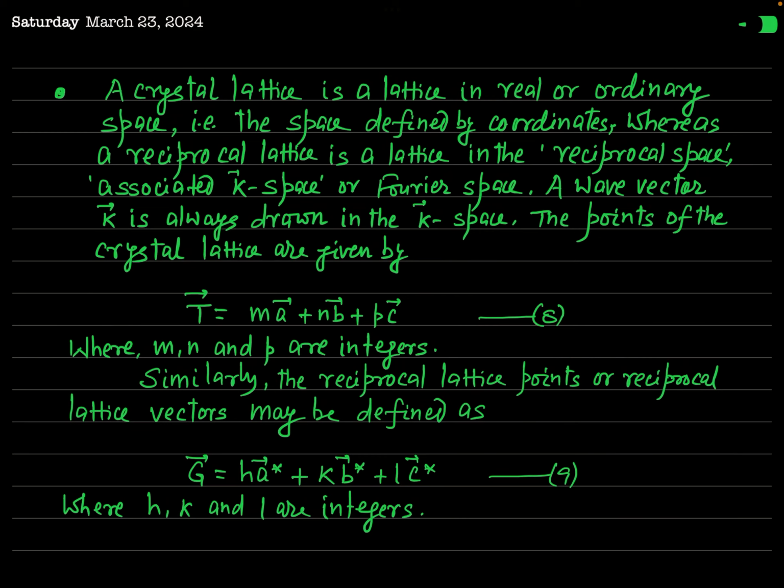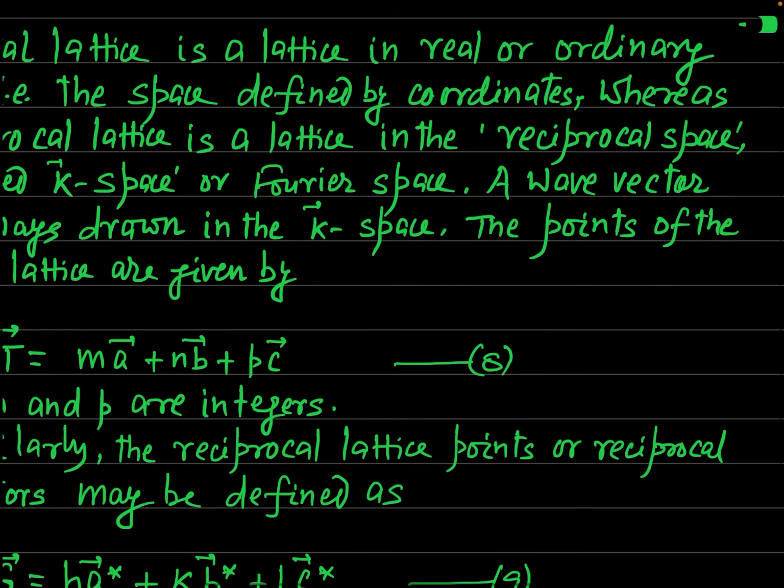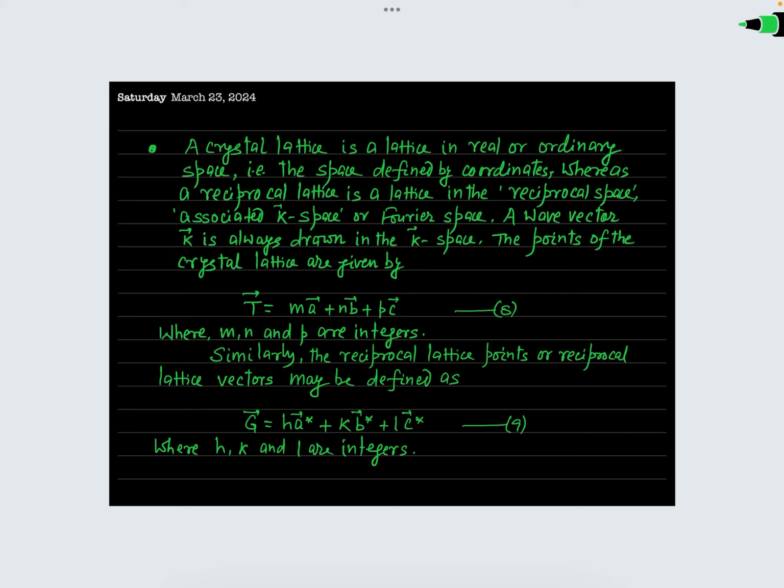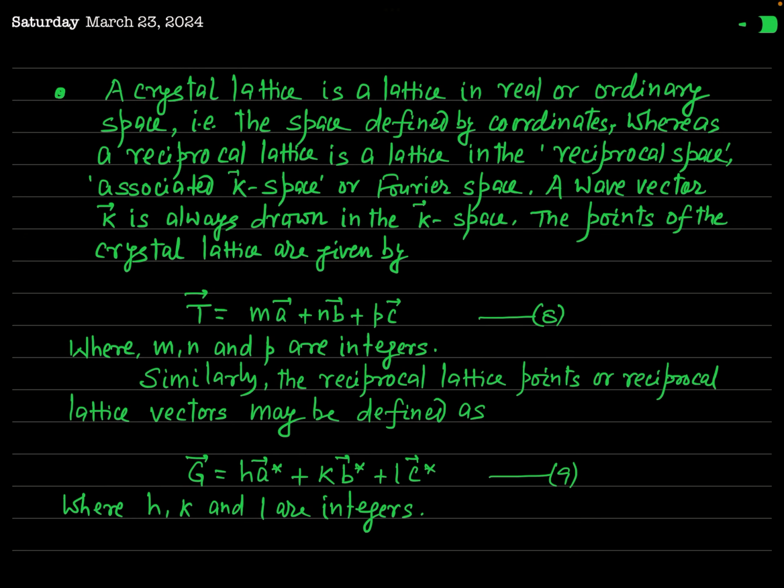Now let us see. As you know, if there is a point in direct lattice space, that point is located by a translation vector defined by T, and you know this translation vector actually is used to locate any point in the direct lattice space, and this translation vector is defined like this: T equal to MA plus NB plus PC, where M, N and P are integers.